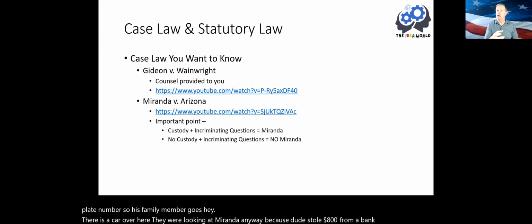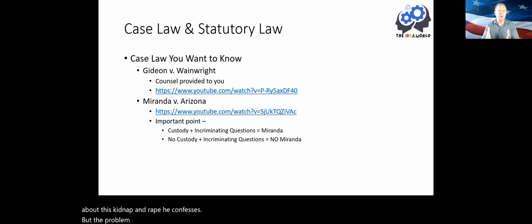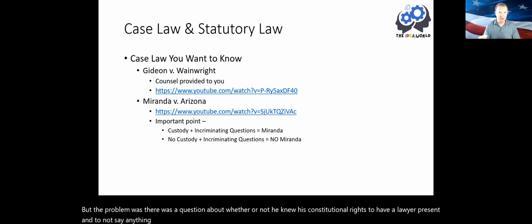So they take him into custody on that case. They interrogate him for a couple of hours, and they also ended up asking him about this kidnap and rape. He confesses. But the problem was there was a question about whether or not he knew his constitutional rights to have a lawyer present and to not say anything. So his case went to the Supreme Court.